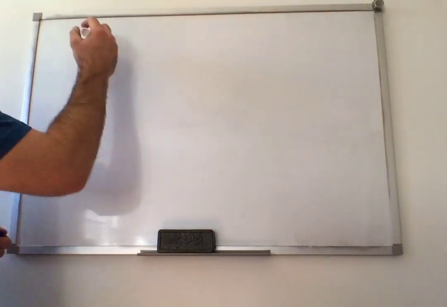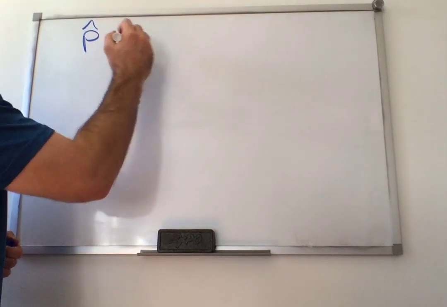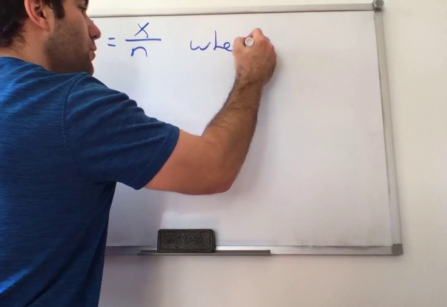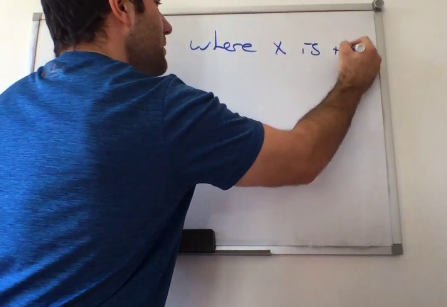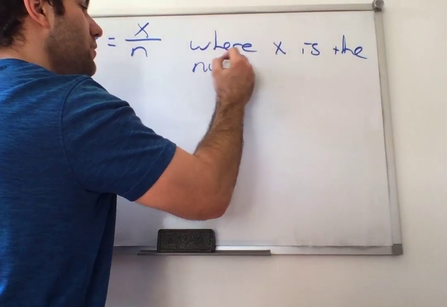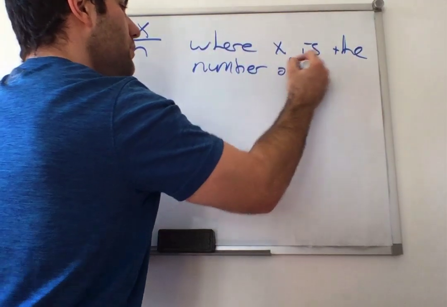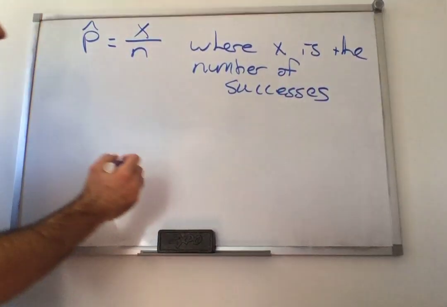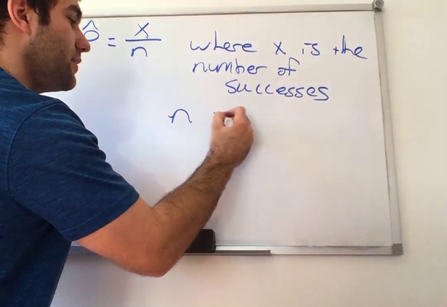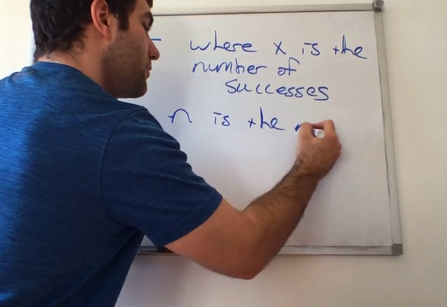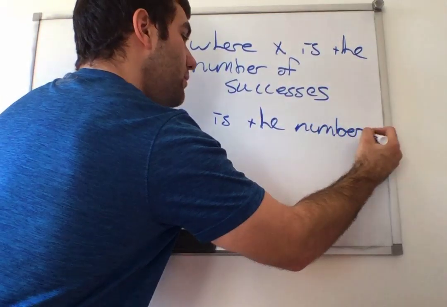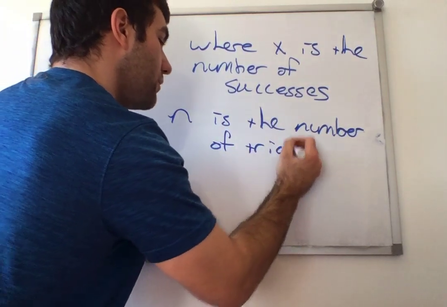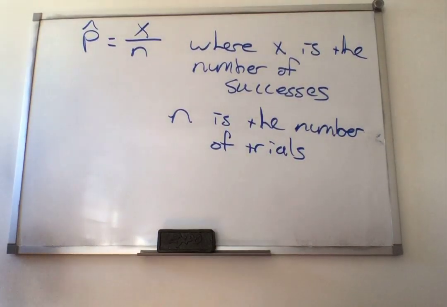Now, p hat is equal to x divided by n, where x is the number of successes and n is the number of trials, okay?